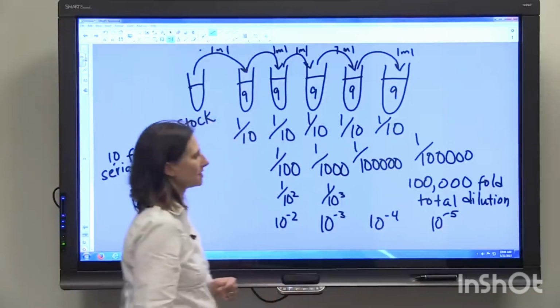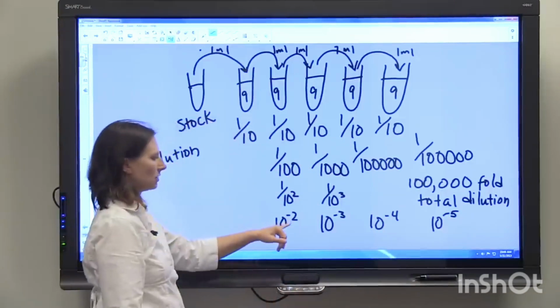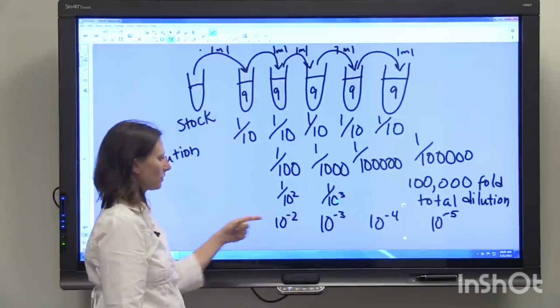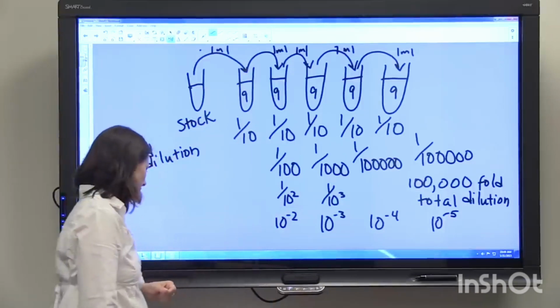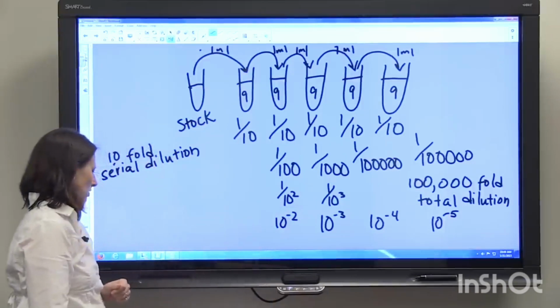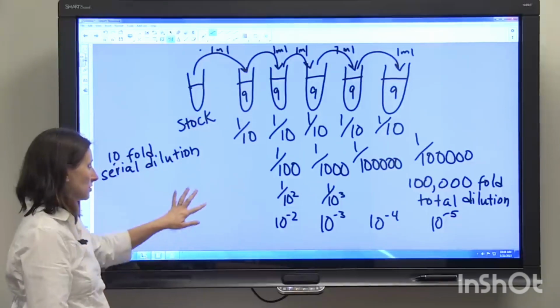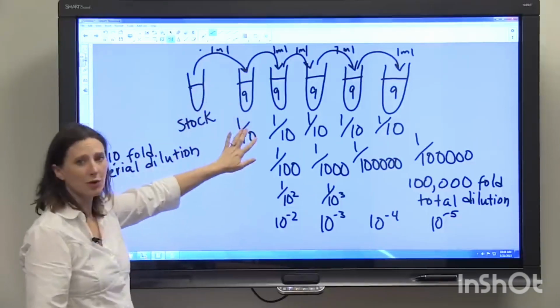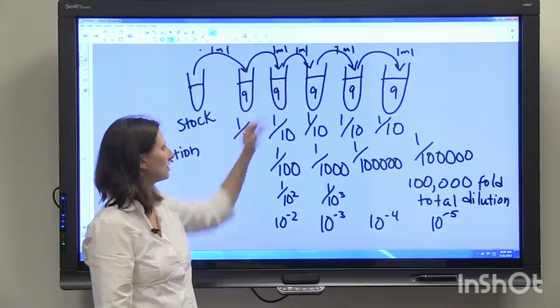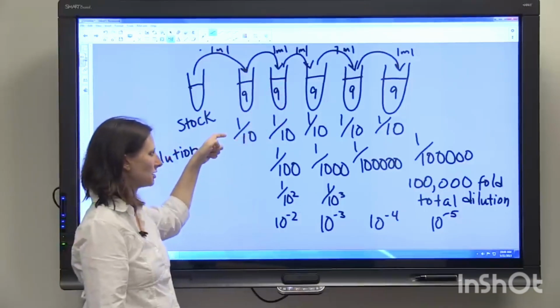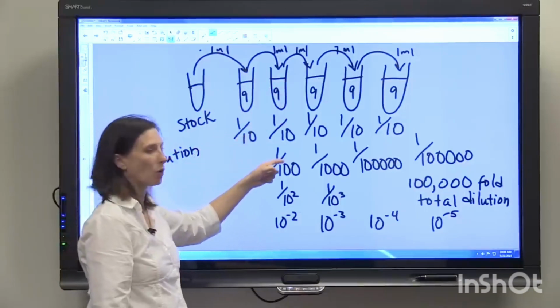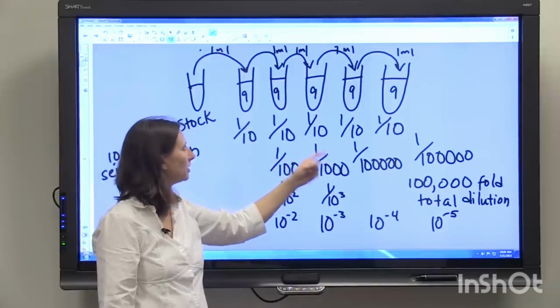If you remember your scientific notation rules, this means 1 over 10 to the second by having a negative exponent.